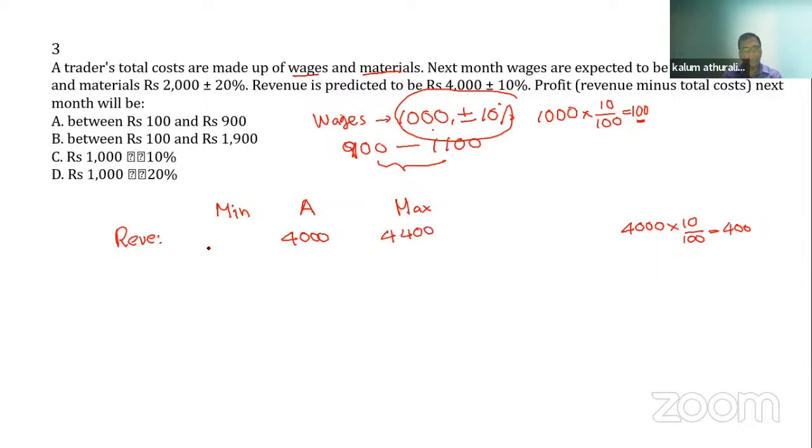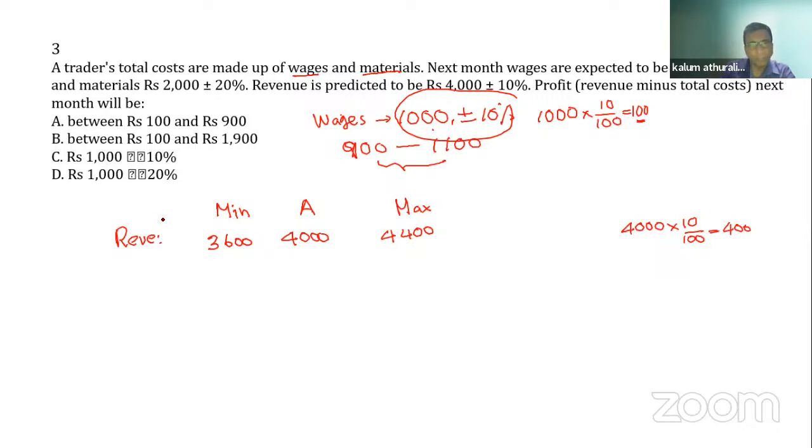Then minimum value should be 4,000 minus 400, then 3,600. Revenue can be varied in this range. The minimum value is 3,600, maximum should be 4,400.